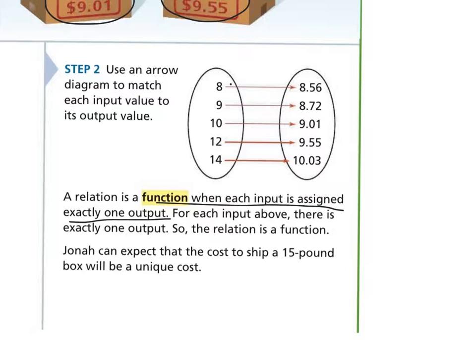Input, like if 8 is my input, what they have in the book is good, but if 8 pounds cost either $8.56 or $8.72, that's two different outputs for the same input. That would not be a function. That would be like having the same ingredients, but I might get two different things when I open up the oven at the end. Doesn't work. Not a function.